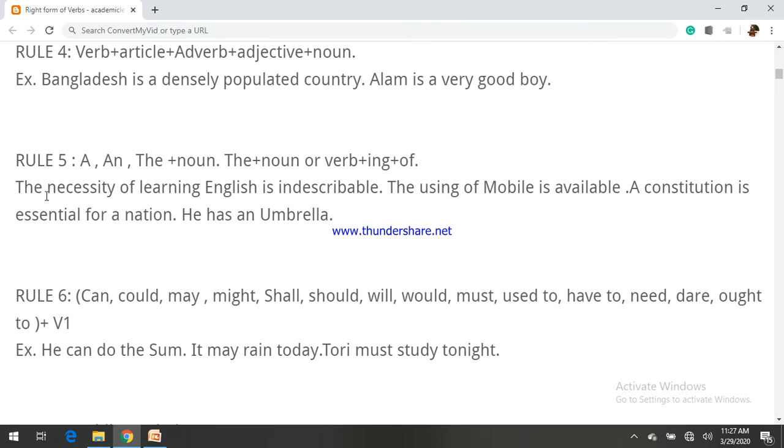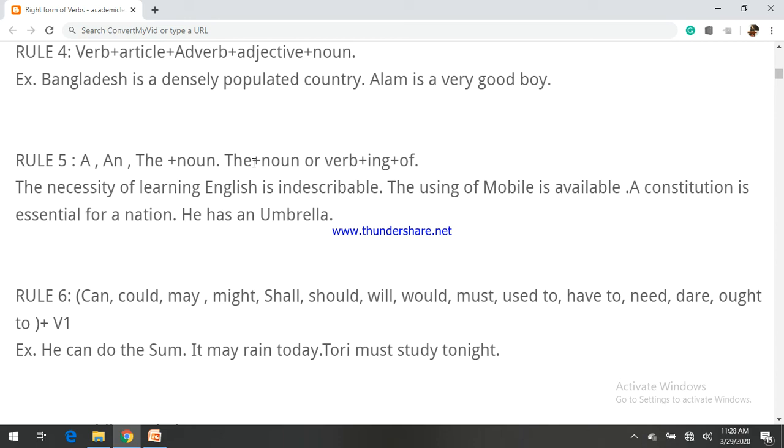The necessity of learning English is indescribable. The is an article and necessity is a noun, and of is a preposition. Let's see the second example: the plus verb plus ing.